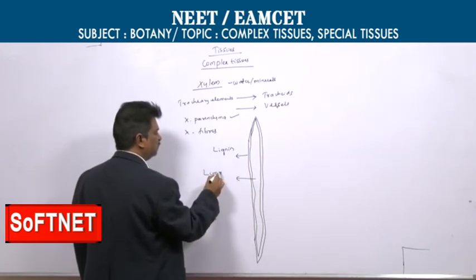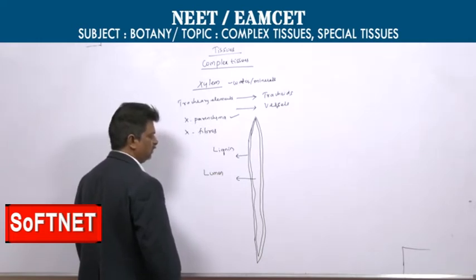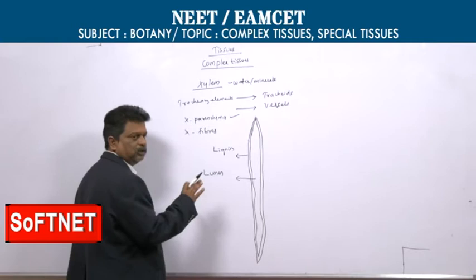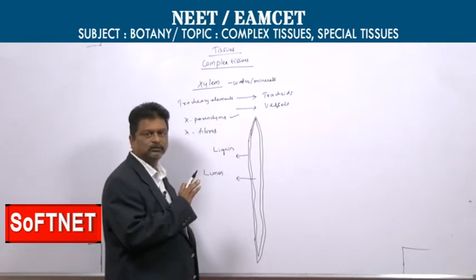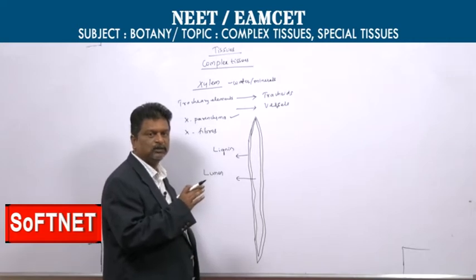So at the center there is an empty space, and that empty space is called lumen. Generally, tracheids are partially overlapped, and in tracheids the conduction takes place through bordered pits.